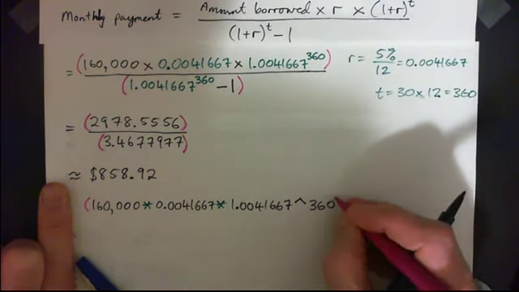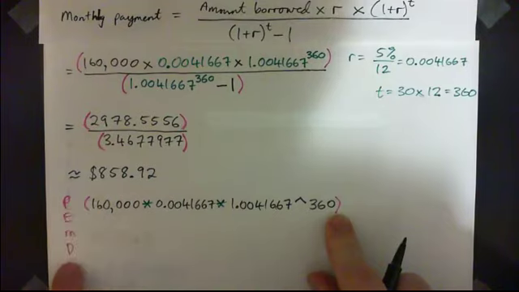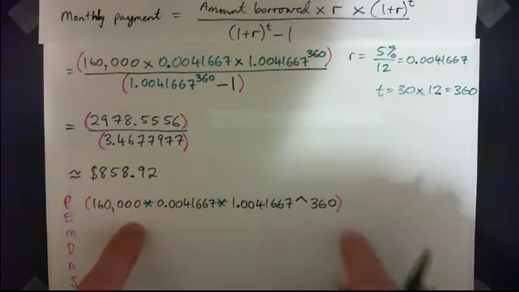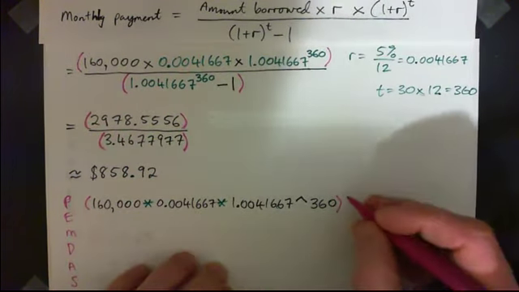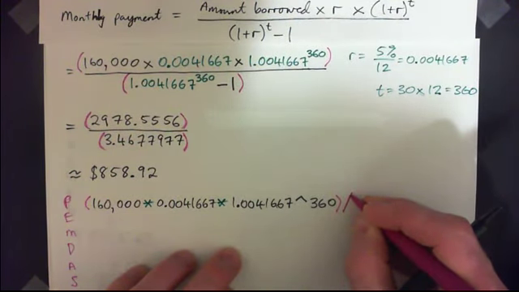And then a parenthesis around that. So you're telling the calculator, please follow PEMDAS, do all the parentheses first. And after you've calculated all that, then we'll have a divide. Okay.